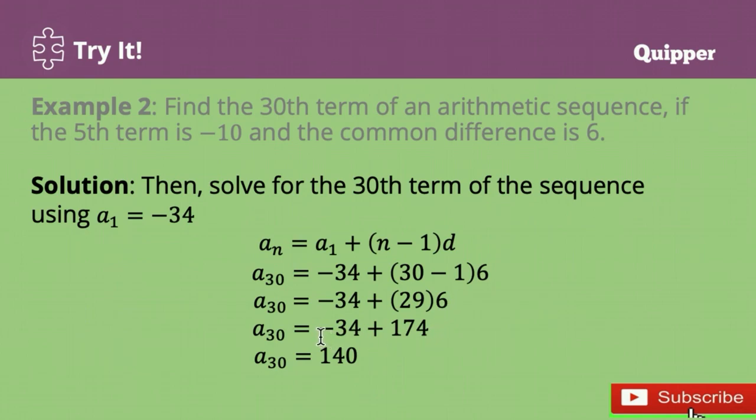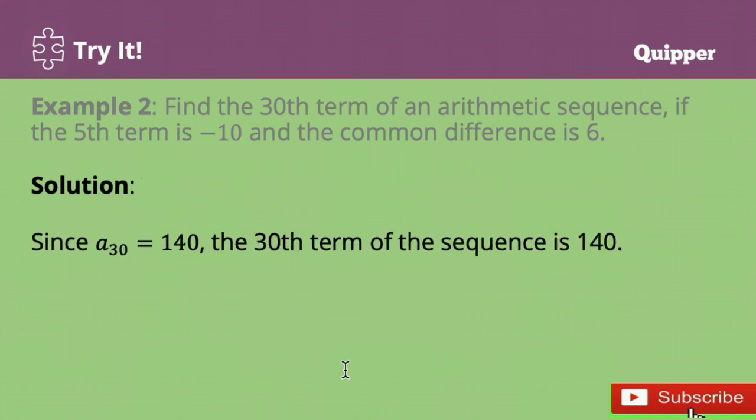So we have now the 30th term is equal to negative 34 plus 174. Here, since this is unlike signs, of course, we have to subtract 174 minus 34, and that becomes 140. Therefore, the 30th term is 140.